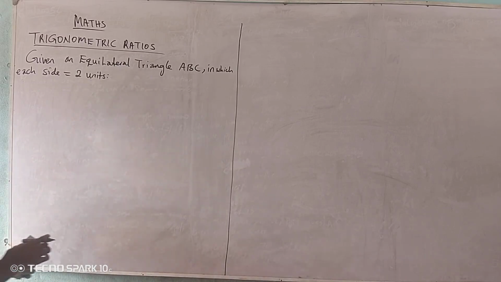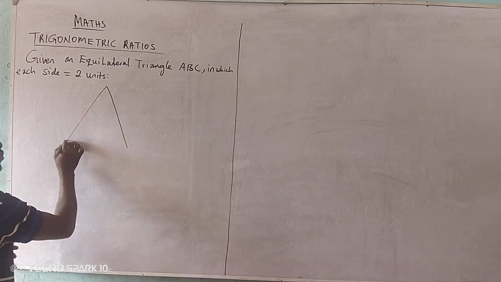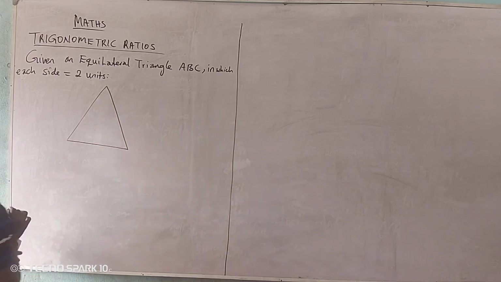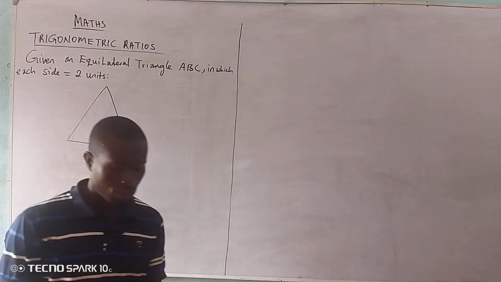So let's have an equilateral triangle. This is an equilateral triangle, not drawn to scale. So now we know the properties of an equilateral triangle.